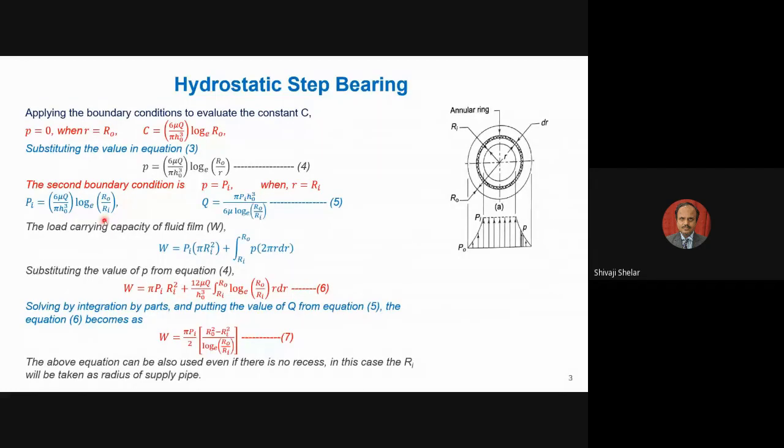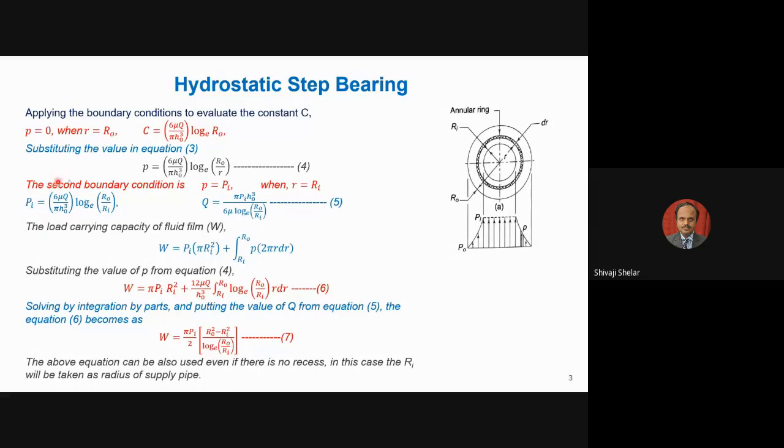So how much supply pressure is required is decided by this relation. If you know your pocket radius, the outer radius of your shaft, the flow rate requirement, the minimum film thickness and the dynamic viscosity of the lubricant, you can determine how much supply pressure is required. So you can set the supply pressure from the supply line and use it in supporting that load. So this is the relation for supply pressure.